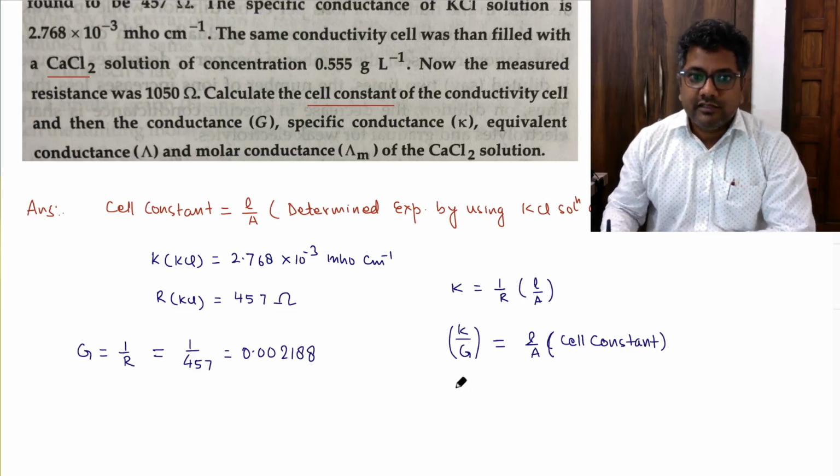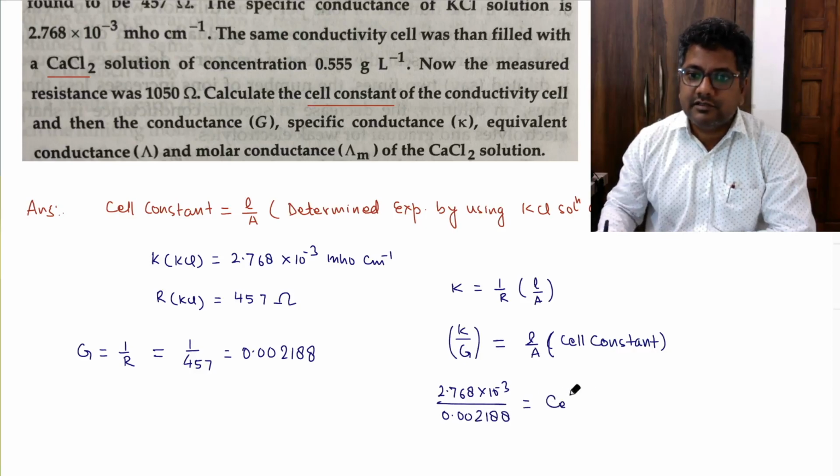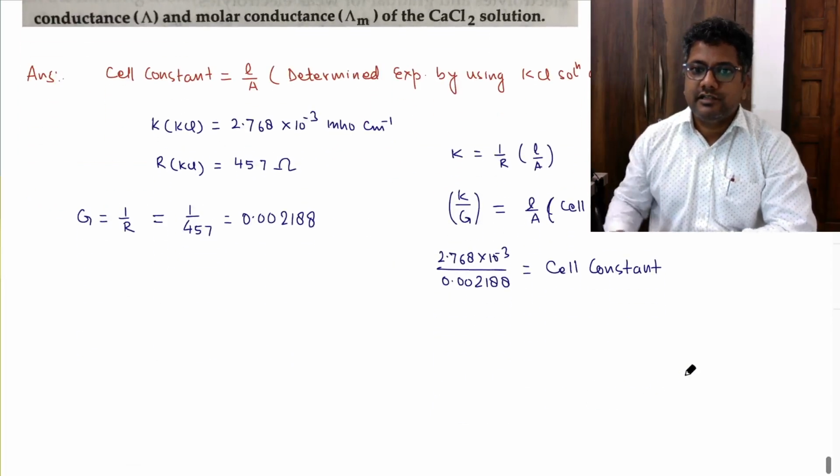So put here this value: 2.768 into 10 power minus 3 divided by 0.002188 is equal to the cell constant.